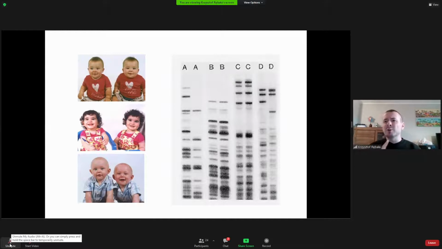Now let's imagine that we do not know which of two monozygotic twin brothers is the father of a child. Is it possible to do something to distinguish which of them is the father of the child? Do you think it is possible?